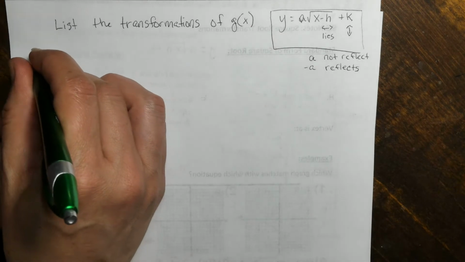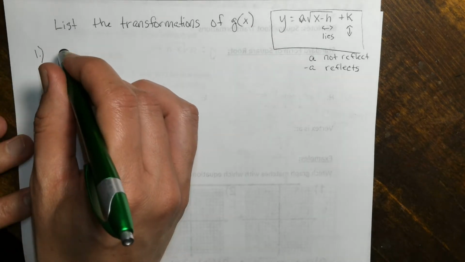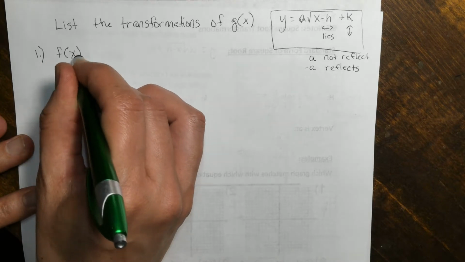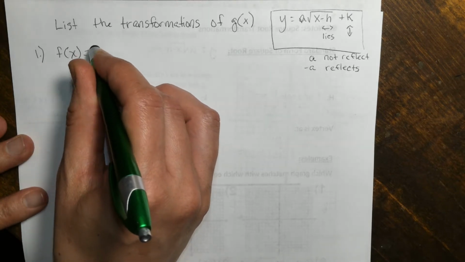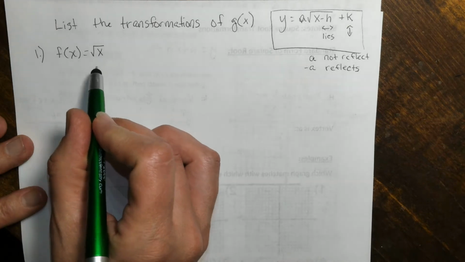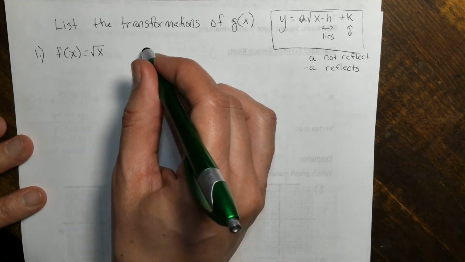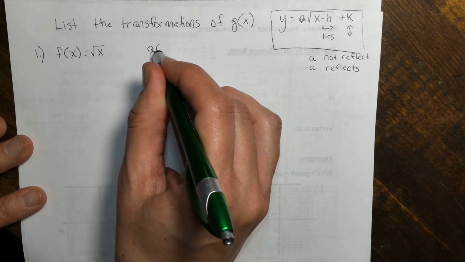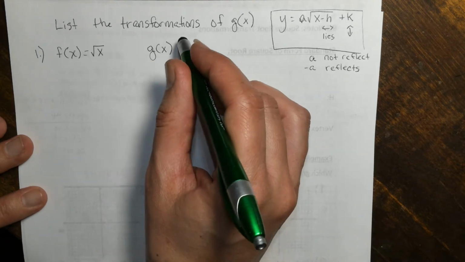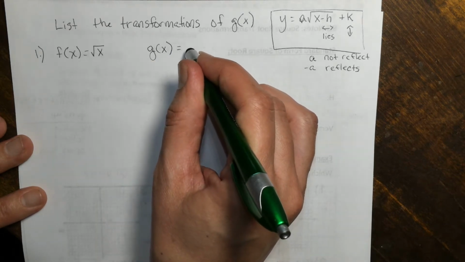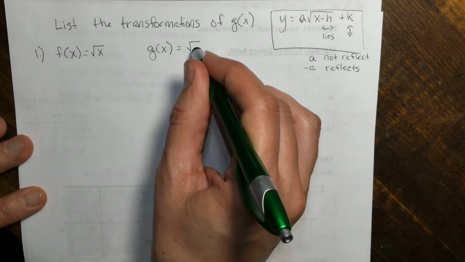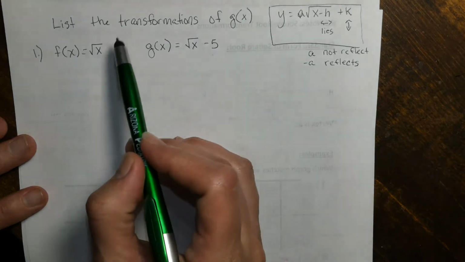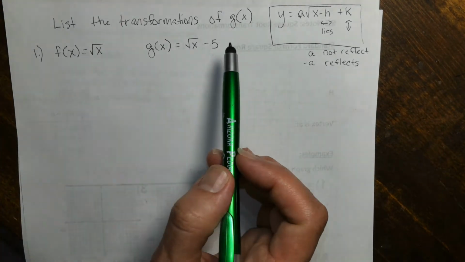All right, so if we have f of x, here's our parent function. So if we start with our parent function and then we have g of x over here, we're going to give directions on how this moved to become this.